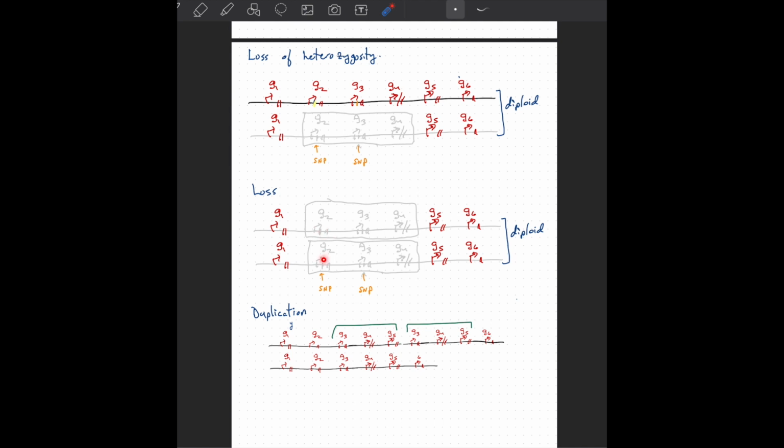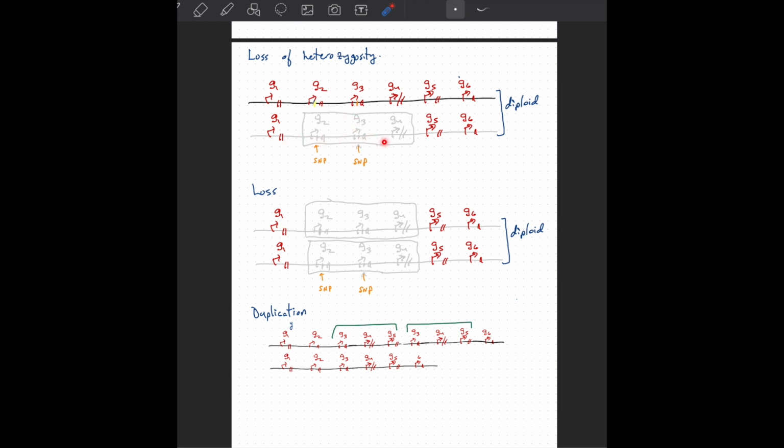So if I have, let's say, a polymorphism up here, okay, there's a polymorphism there. I don't know if you can see it, it's yellow, and a polymorphism here that's orange. So this allele is different than this allele, and this allele is different than that allele.